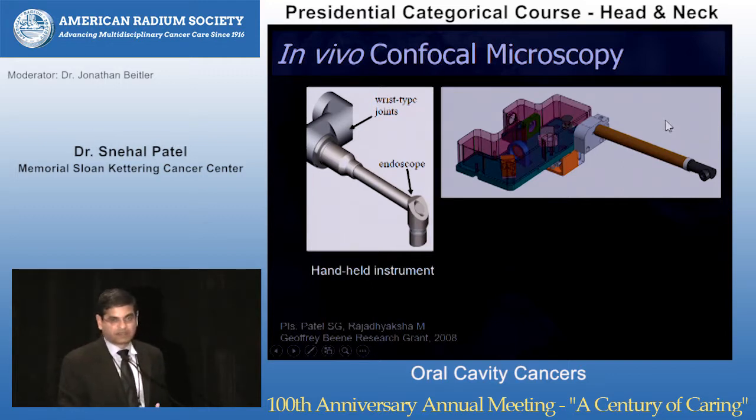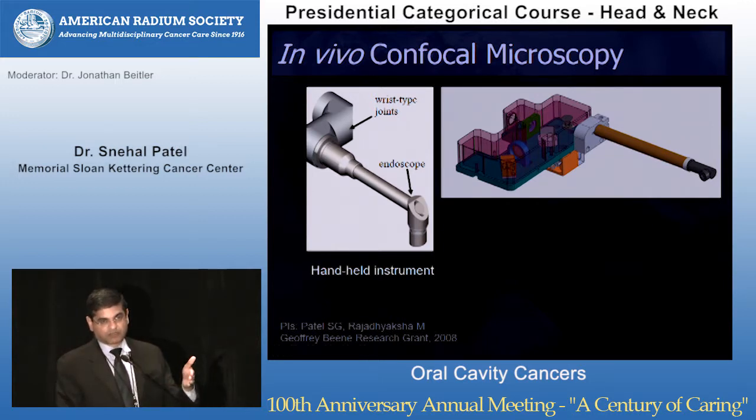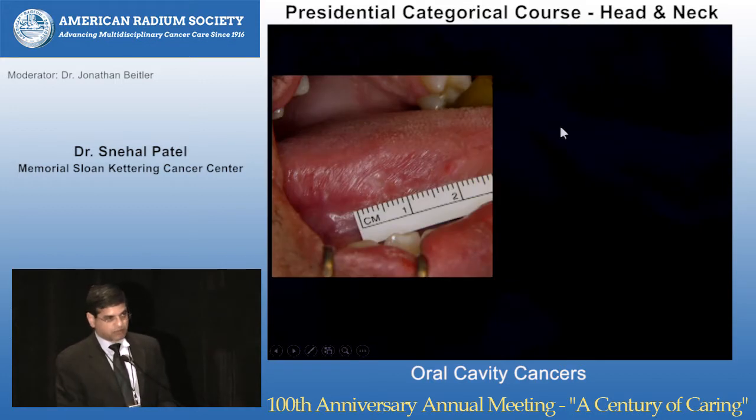What it really is, is a laser that shines across the surface of tissue. It's like doing a photocopy of the tissue surface. The light reflects off the surface, it's collected by an optical mechanism and is analyzed by a computer.